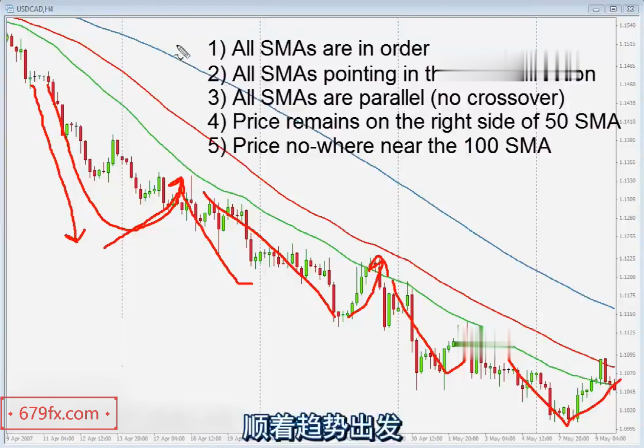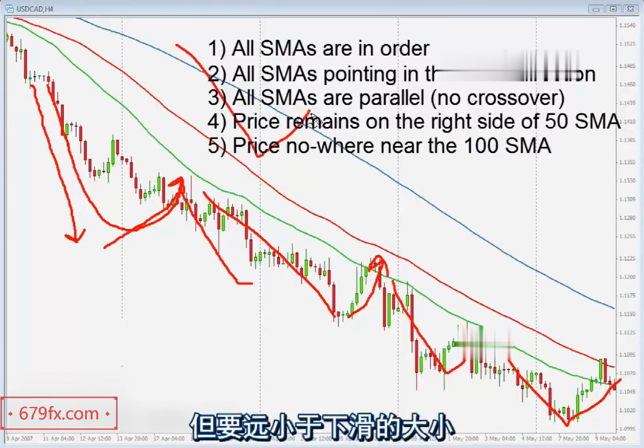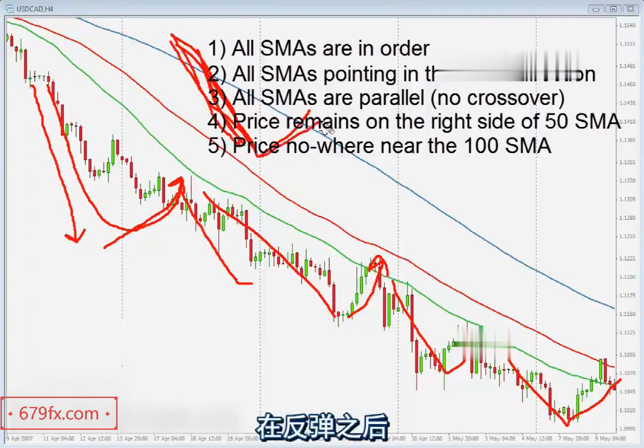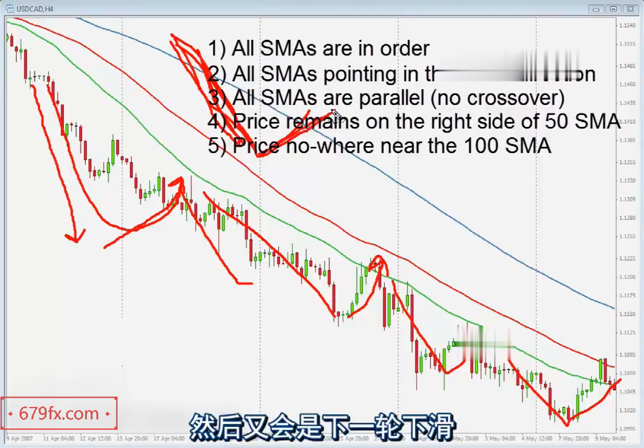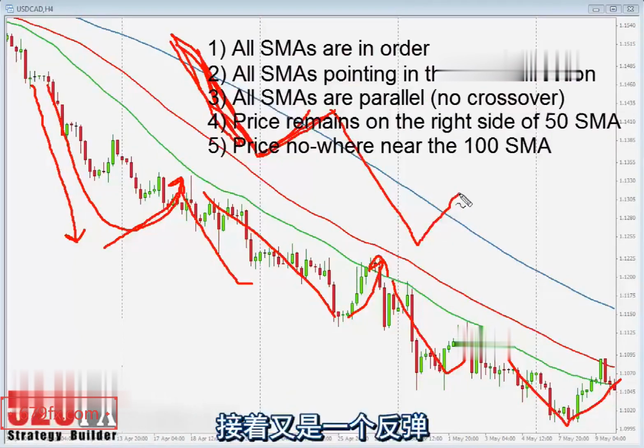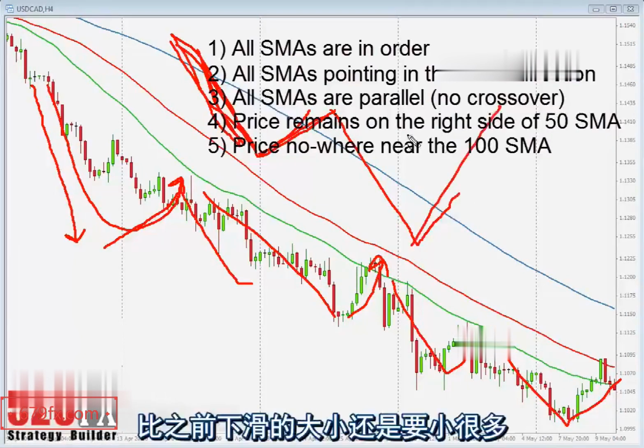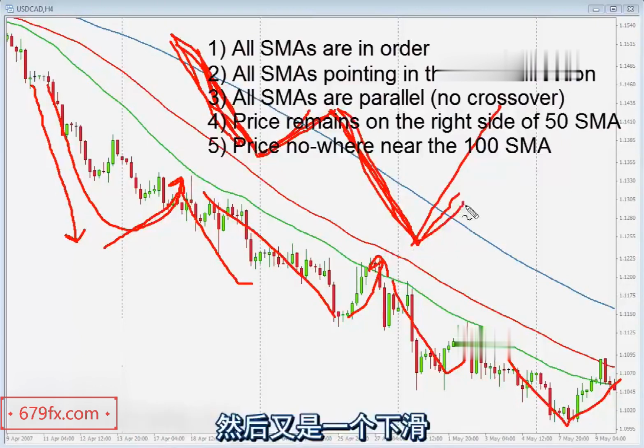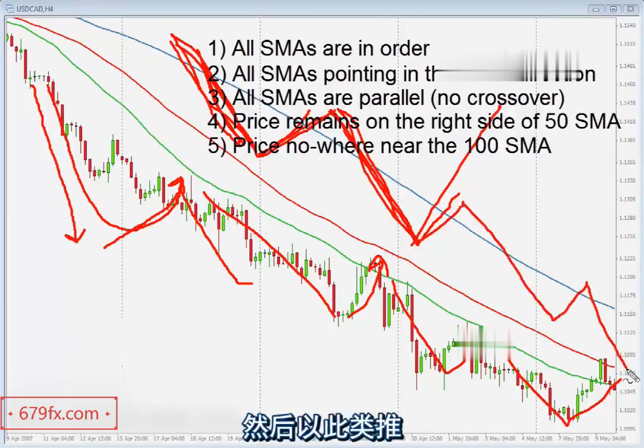A swing in the direction of the trend, a little bit of a pullback, which is never as long as the previous swing in the direction of the moving averages. Then once the pullback has been finished, we take off yet in another swing in the direction of the moving averages, then yet another pullback, which is never quite as long as the actual previous swing, and then another swing, etc., etc.